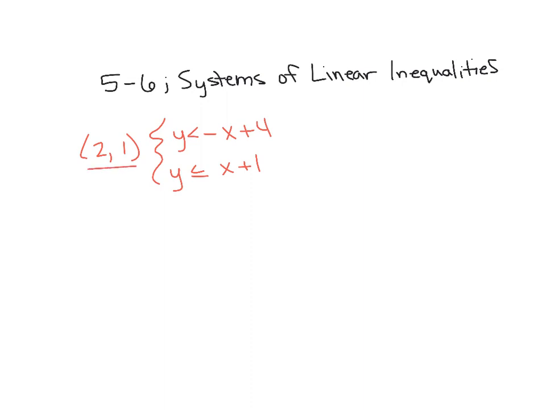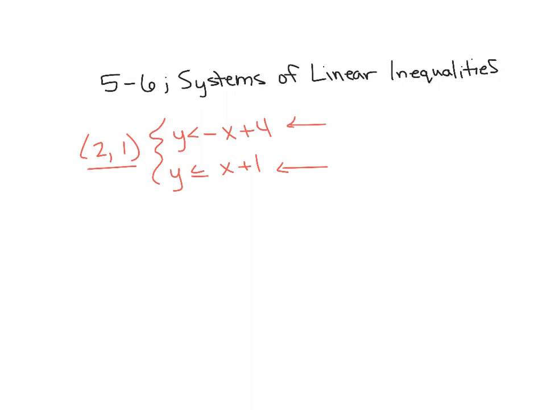You take this point and you plug those coordinates into the first and into the second, solve the left and right hand side independently of each other, and hope you get a good answer. If you do get a good answer, meaning it's true, it is a solution. If you do not get a good answer, meaning it's false, it's not a solution.